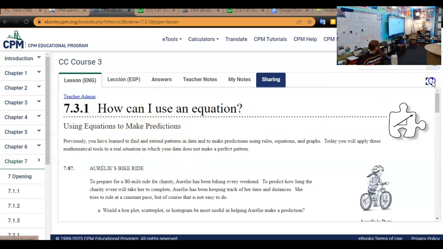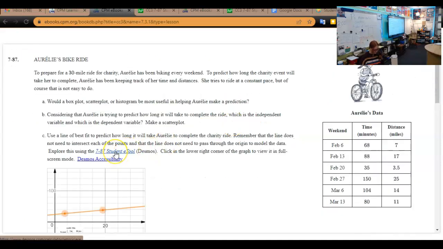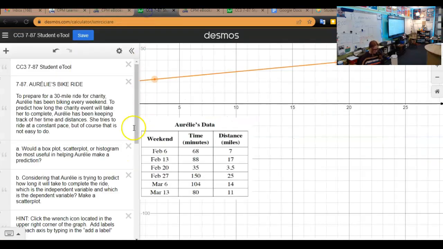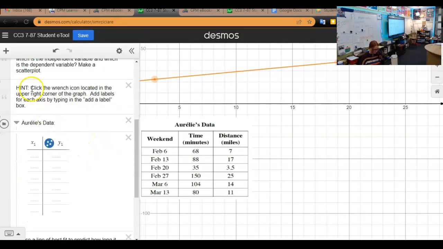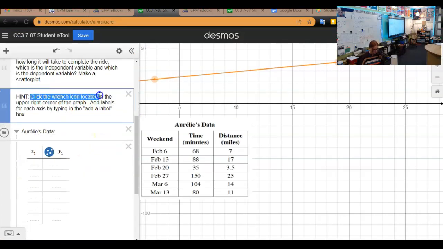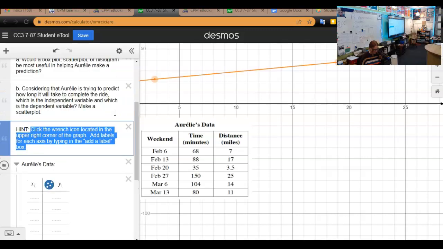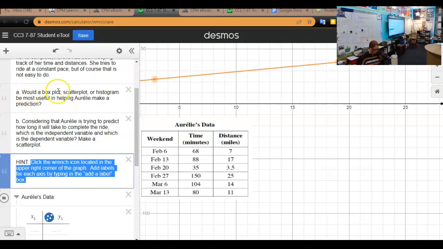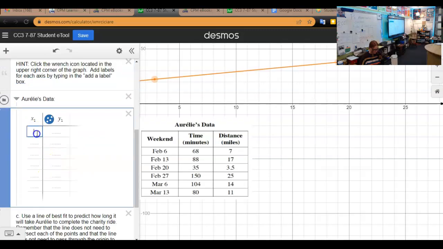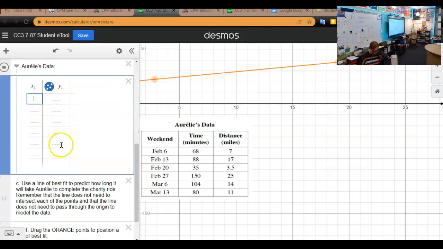Then we're going into 87, and one of the things it asks you to do is click the wrench icon located in the upper right corner of the graph and add labels for each axis, so you have to choose what the labels for your axes are going to be. You also can make a scatter plot by using this T-chart that they already put in.